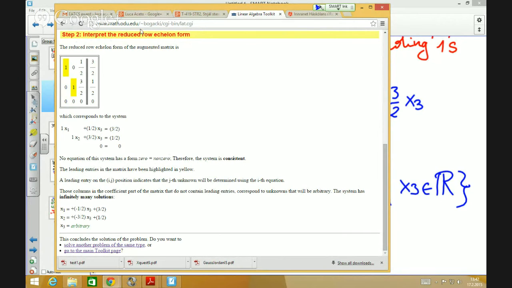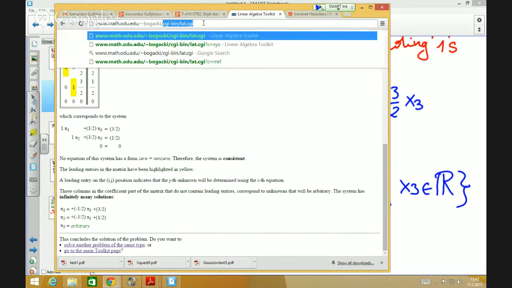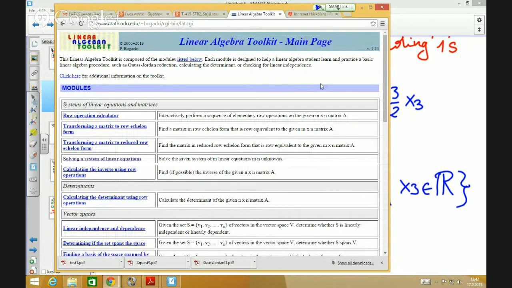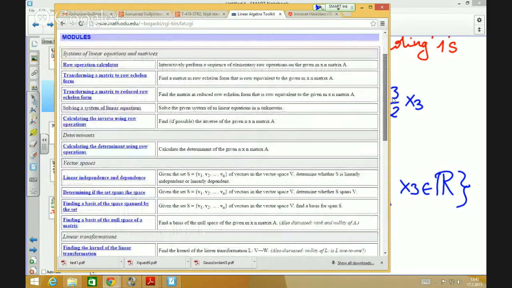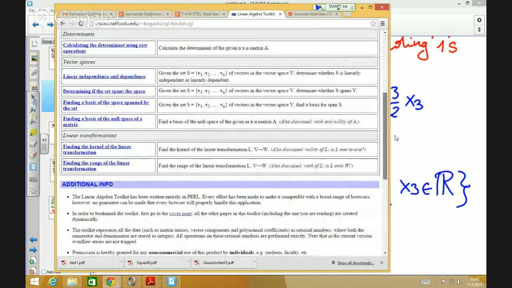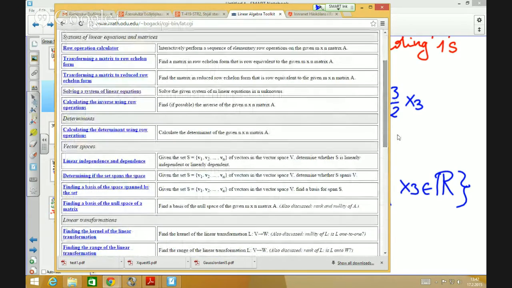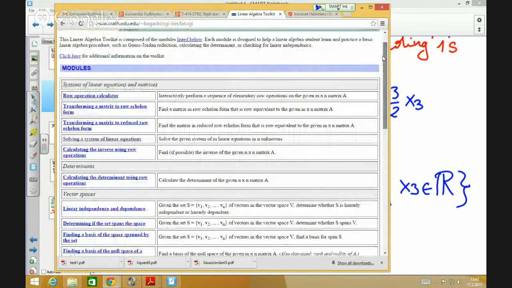Actually, the linear algebra toolkit can do lots of good stuff for you. You can do all of these things, some of which will not be necessary for this course, but for some of you who might be taking the linear algebra course, you might be interested in looking also at those. For us, basically, this is all that we will need.